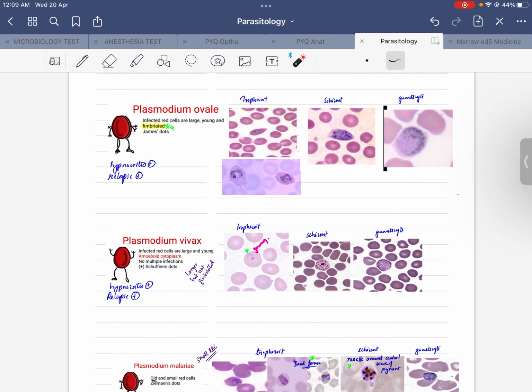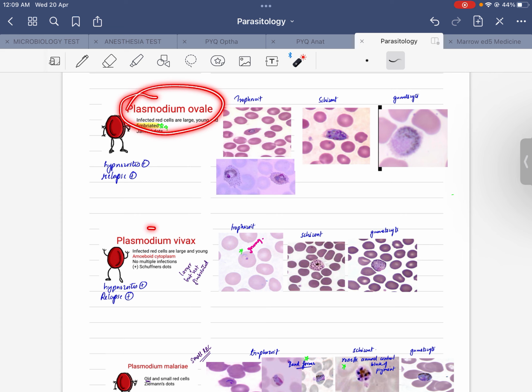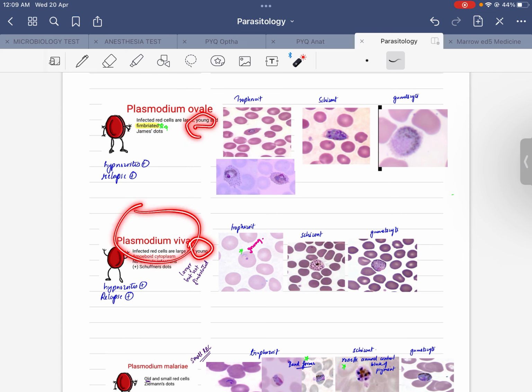RBCs are young in ovale and vivax. So whenever you look at an RBC which is larger, you should think about ovale or vivax. Ovale will always be fimbriated, while vivax will be a large RBC but not fimbriated. That's how you identify vivax.